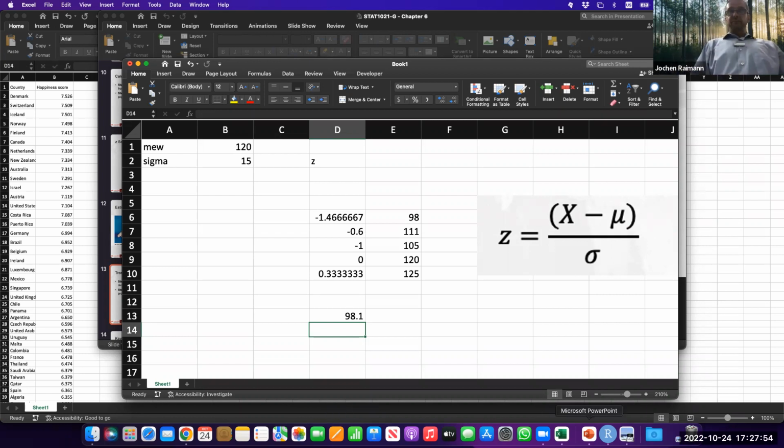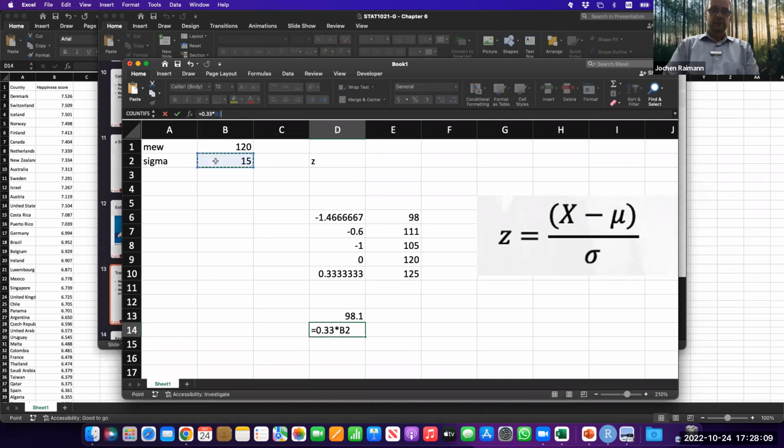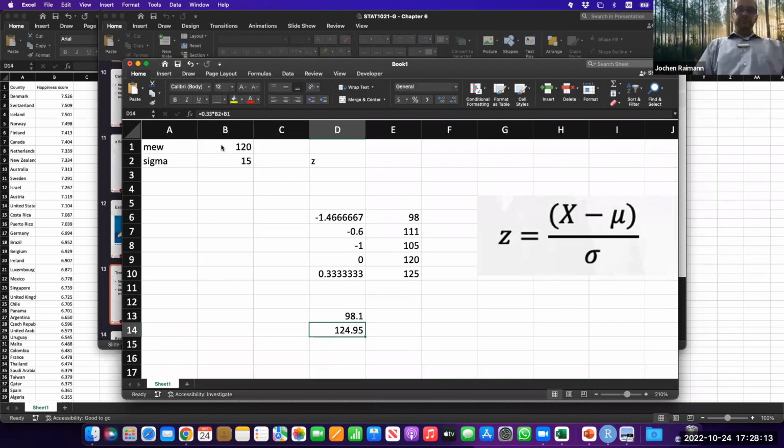So, can you do another example of that? Sure. 0.33 multiplied by your sigma, plus the mean, is now 124.95.